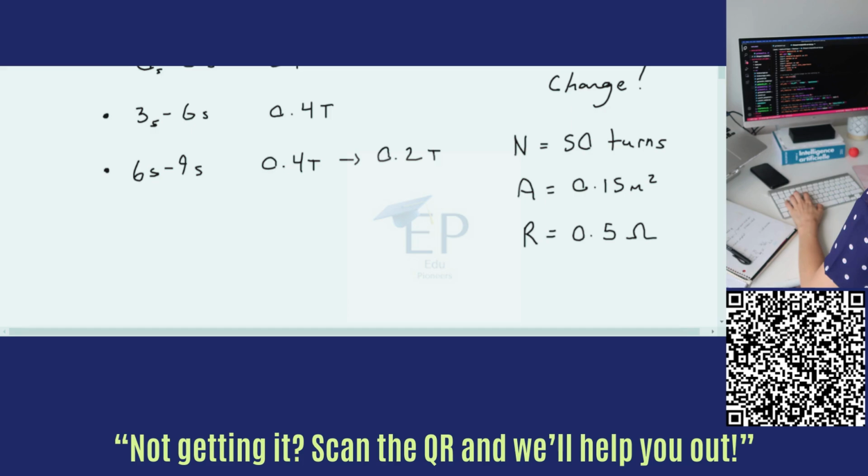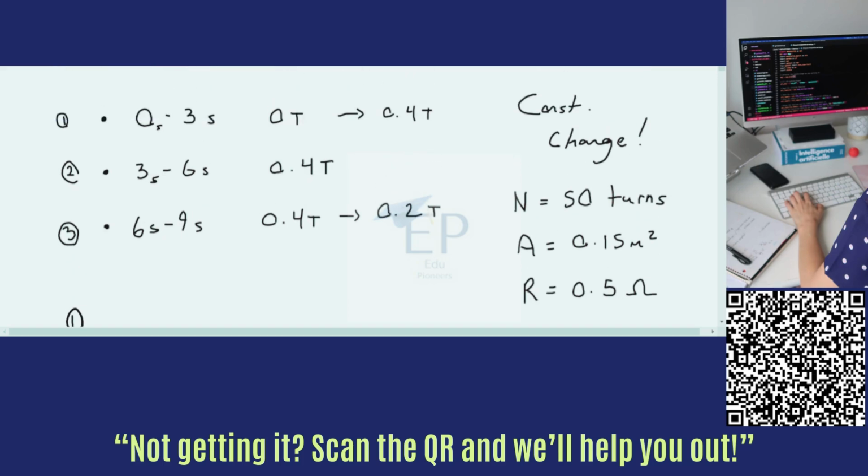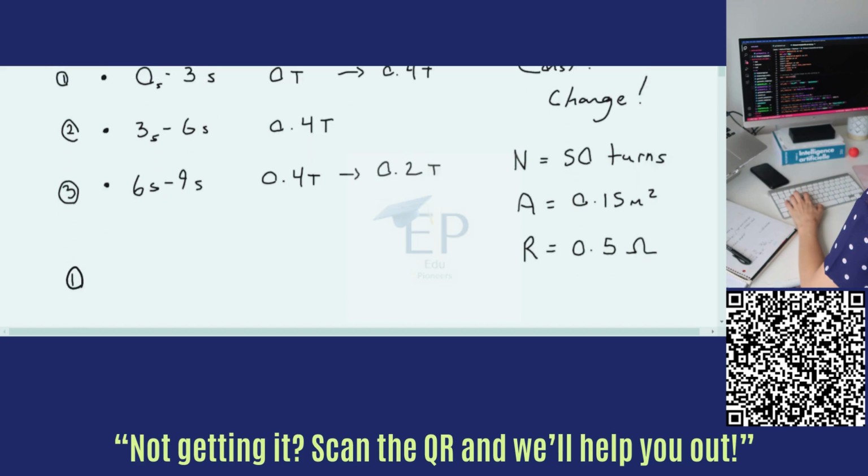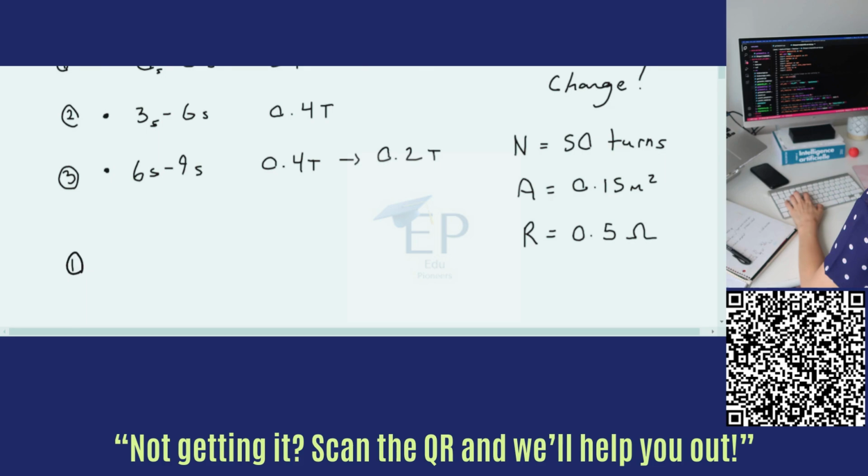So we'll start off with the first period here. We'll number these 1 through 3. So for the first period, we're just going to start with the fact that the induced EMF is equal to minus the change in flux over the change in time.